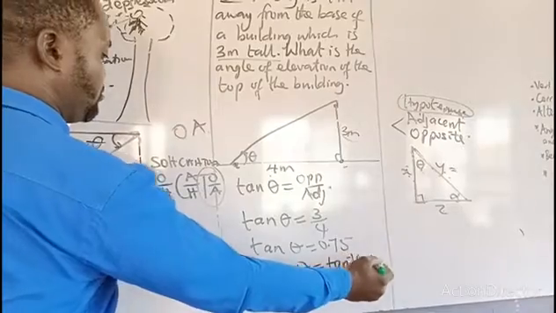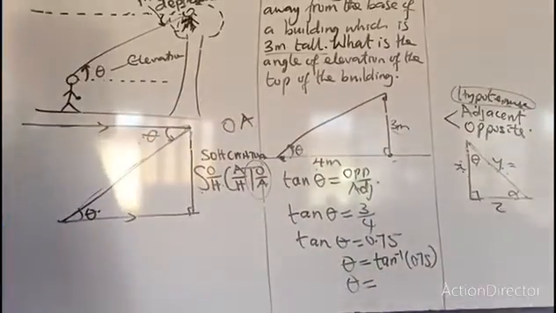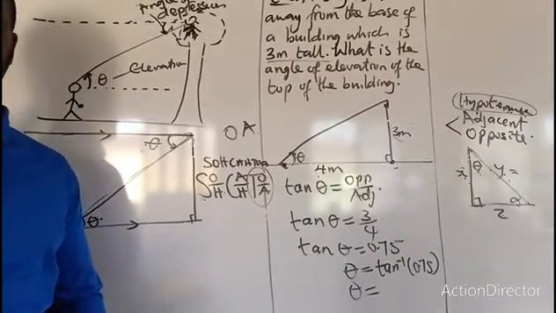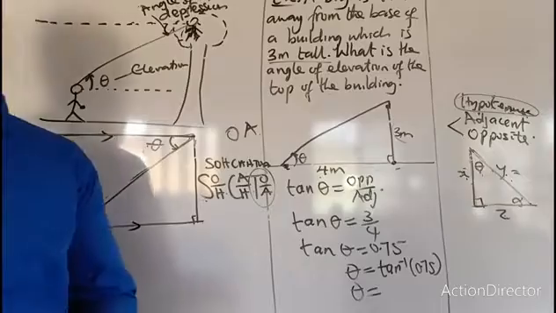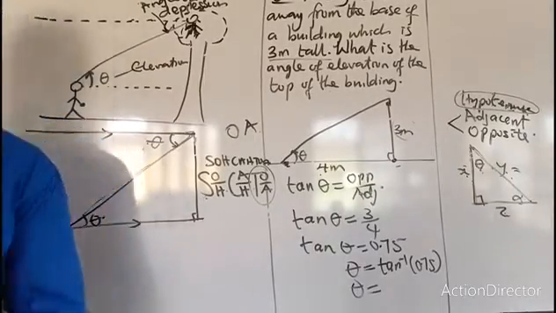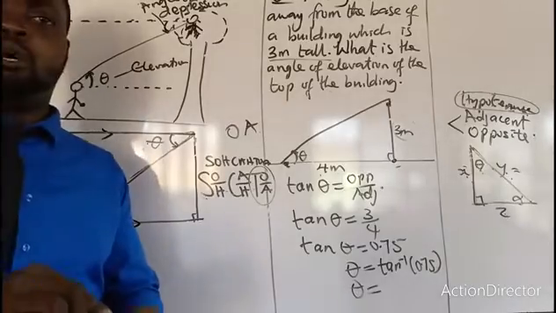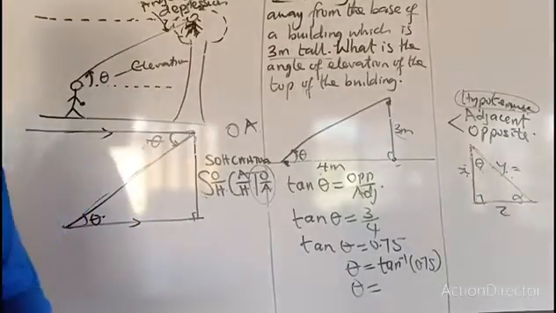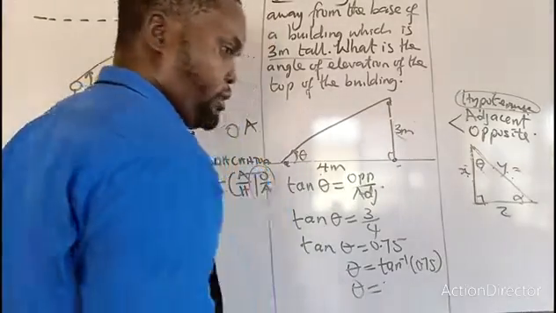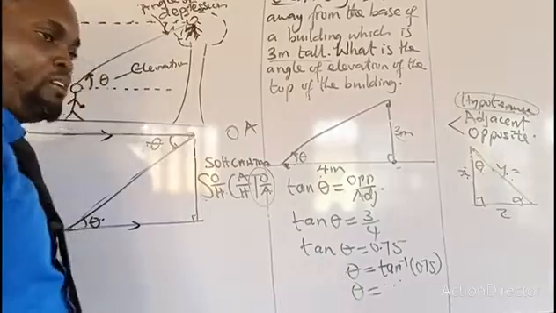So theta equals what? After 0.75, on your calculator you are going to press second function before you press tan. Then you press the number. Is that clear? So let's do that: theta equals second function tan 0.75.